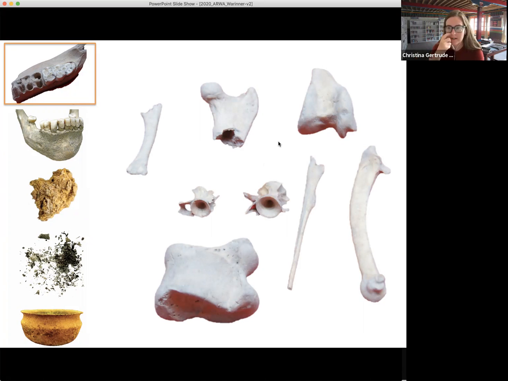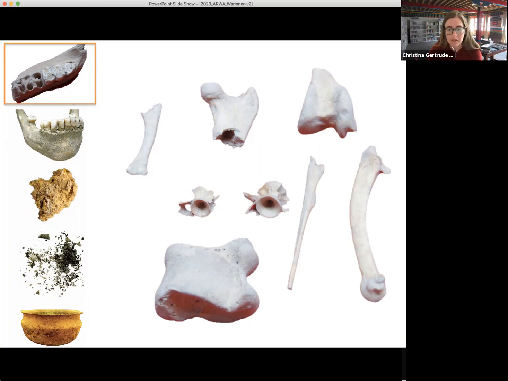You can look at the parts of the animals that are being consumed. You can look at how the bones are being treated, whether marrow is being extracted or not, if certain bones are being curated or used as tools. So there's a great deal of information you can learn about how people are managing their local environment, or perhaps managing animal populations, how they're cooking and how they're interacting with these animals through the physical remains of the animals themselves.